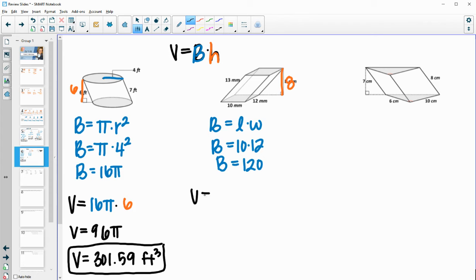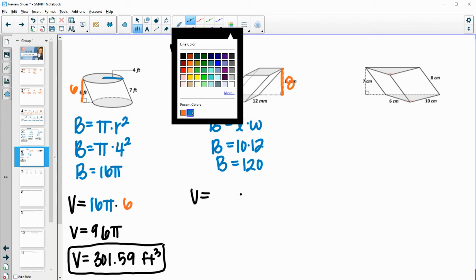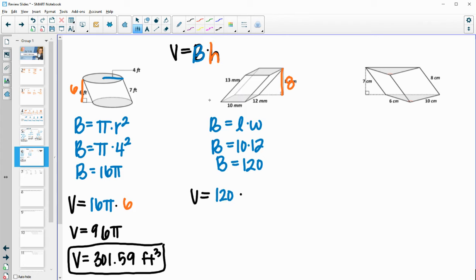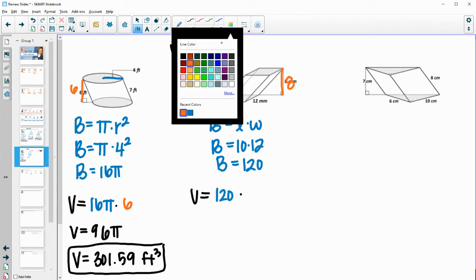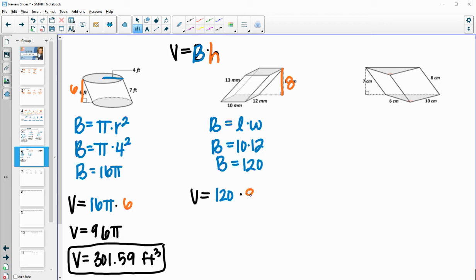So we'll just multiply those two together to get our volume. So base area 120 times the height of the solid. So 120 times 8, and we get 960 millimeters cubed.